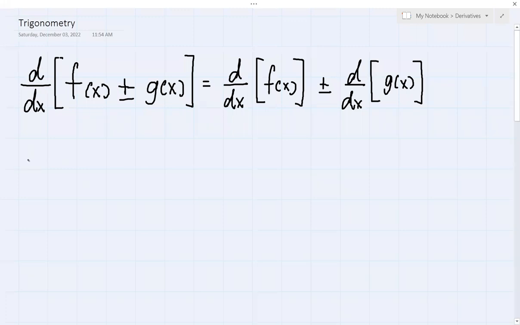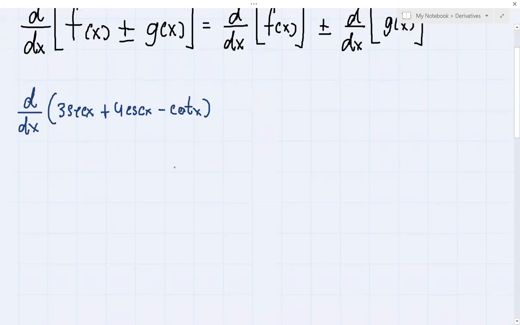So, in here, meron tayong derivative of 3 times secant x plus 4 times cosecant x minus cotangent x. Ayan. There you go.